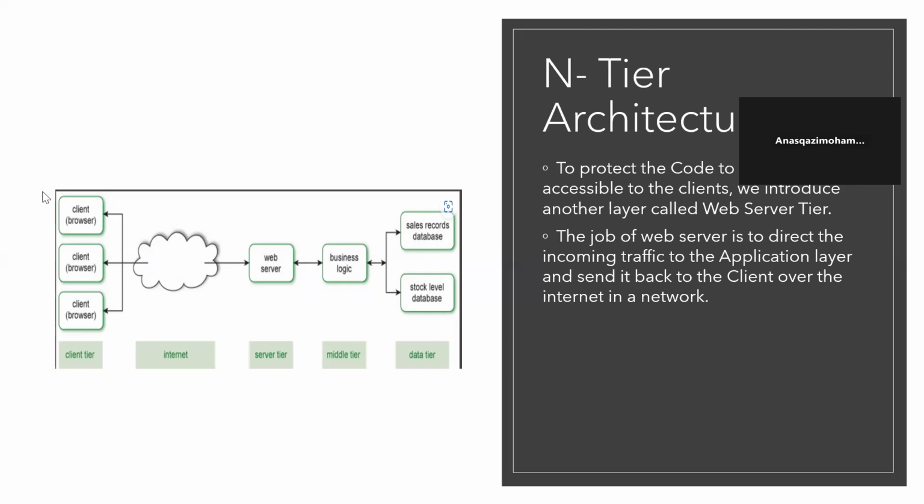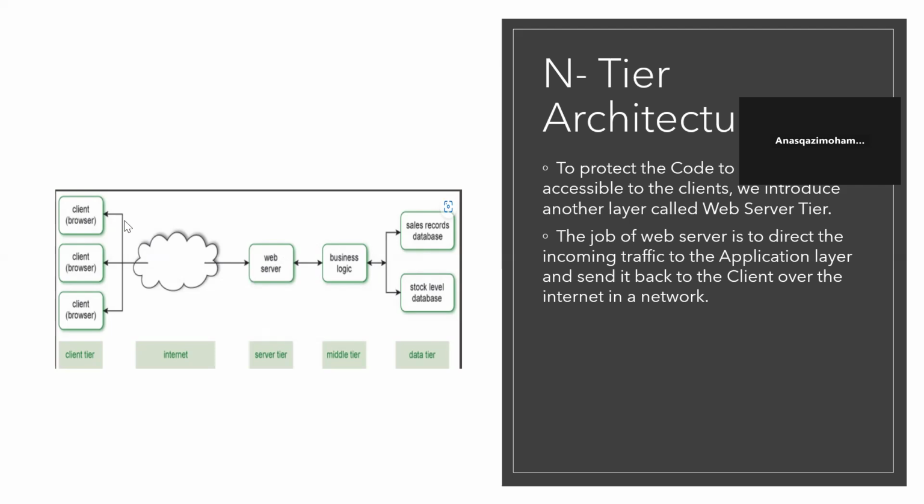So the client would request a resource over the internet, and it would go to the web server, and the web server would not have the application on it. The application is on the middle layer, which is the application layer, and then there is the data layer where we have the database and the tables installed. So this is a perfect architecture wherein the client asks for a resource, and the web server looks into the request and the protocols.